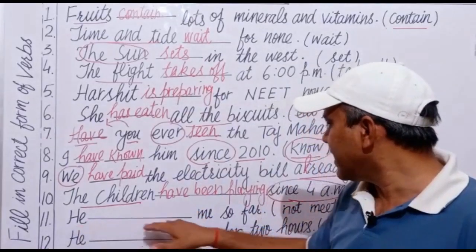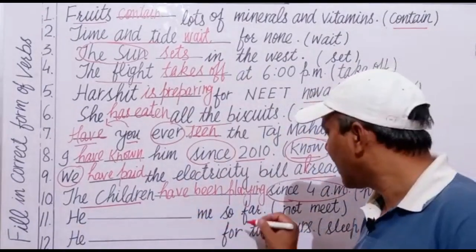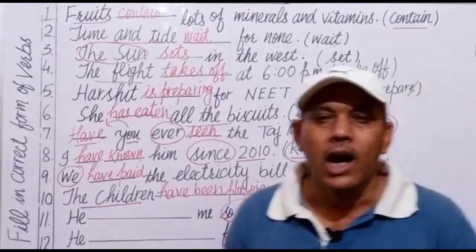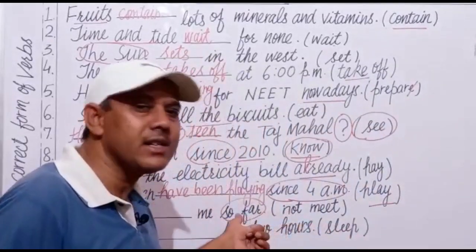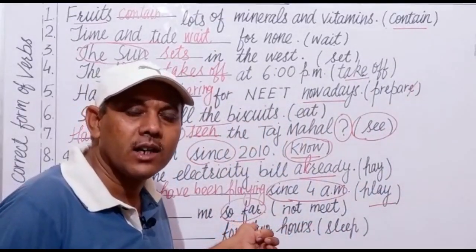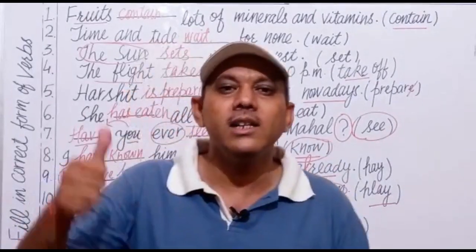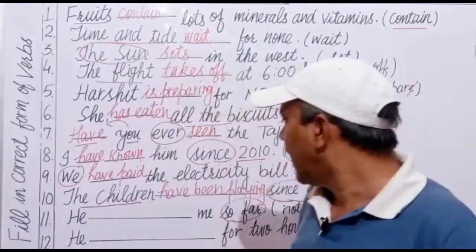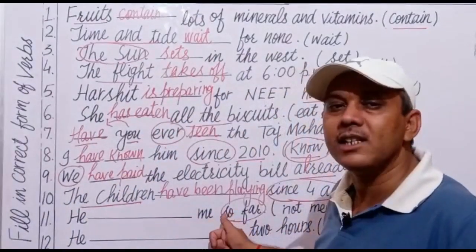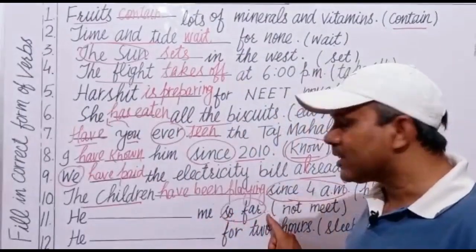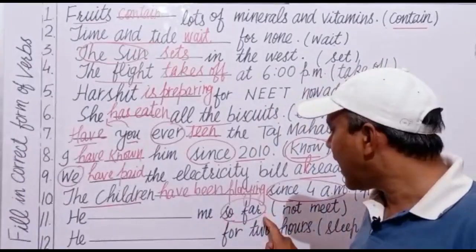Next is: he dash me so far. I have already told you about these time phrases, yet and so far. These are used either in negative sentences or in interrogative sentences, present perfect negative or interrogative. But there is a full stop at the end of the sentence.